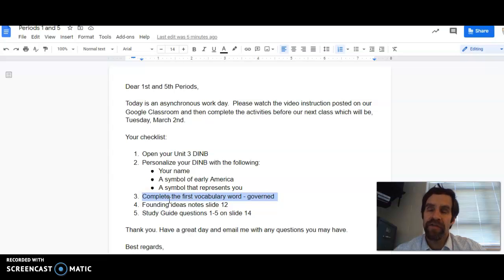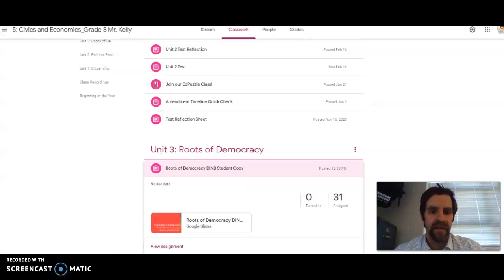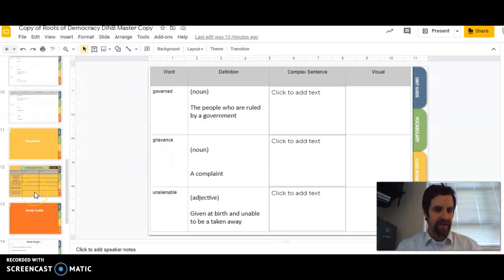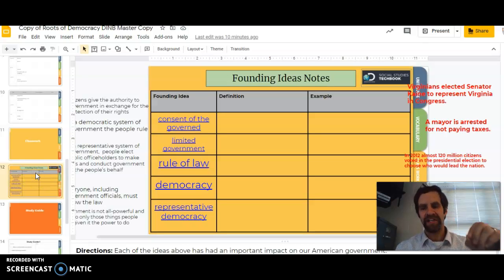All right, the bulk of the day is number 4. Number 4 is the Founding Ideas Notes.